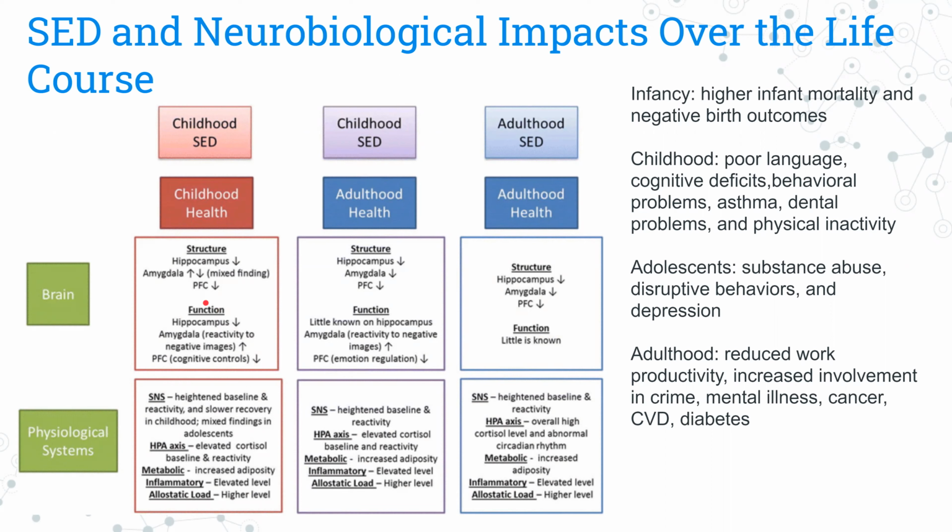But then it's harder to learn and to pay attention because you also have the pathway between your amygdala and your prefrontal cortex not well pruned and not well connected.